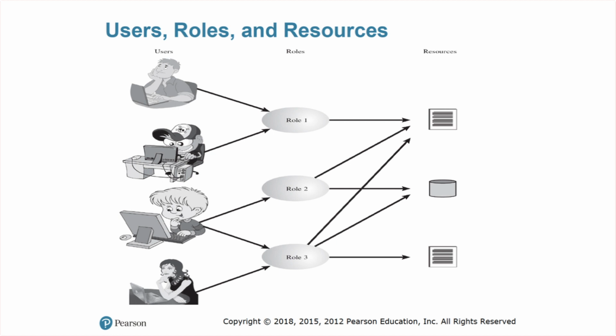Therefore, there are many benefits of this type of approach as compared to the DAC. We discussed some of those, which are the separation of roles, streamlining of operation, enhancement of efficiency, compliance, reduction in the administrative burden, and enhanced visibility. So these are some of the benefits of the user assignment to the role-based approach.